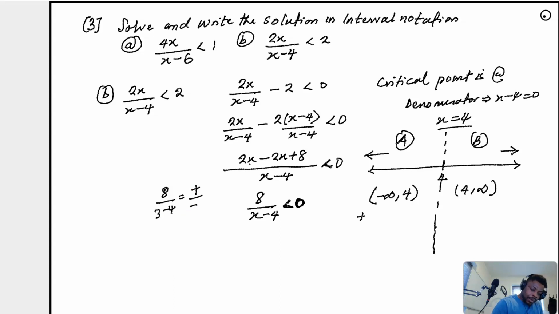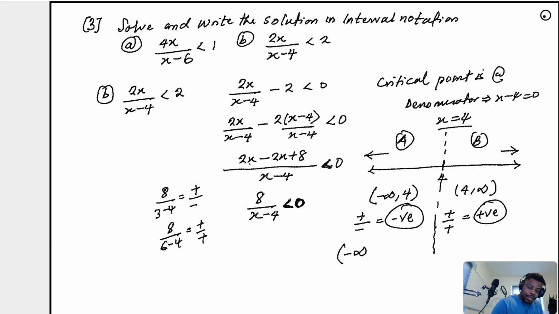So positive divided by negative. This will be negative. Then let's pick an interval here. Let's pick 6. 8 divided by 6 minus 4. This is positive, this is positive. So positive divided by positive. So this is positive. And as we said, this is less than 0. We are looking for the negative part of it. So the interval is minus infinity and 4.